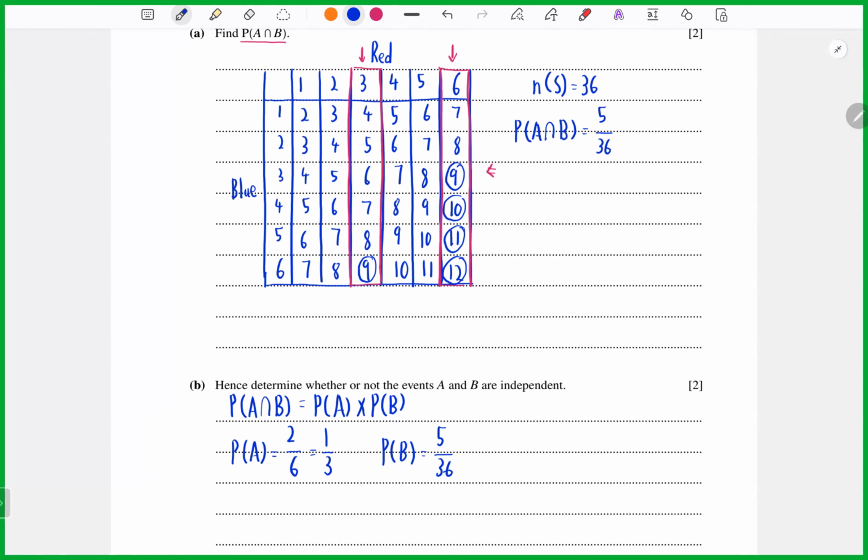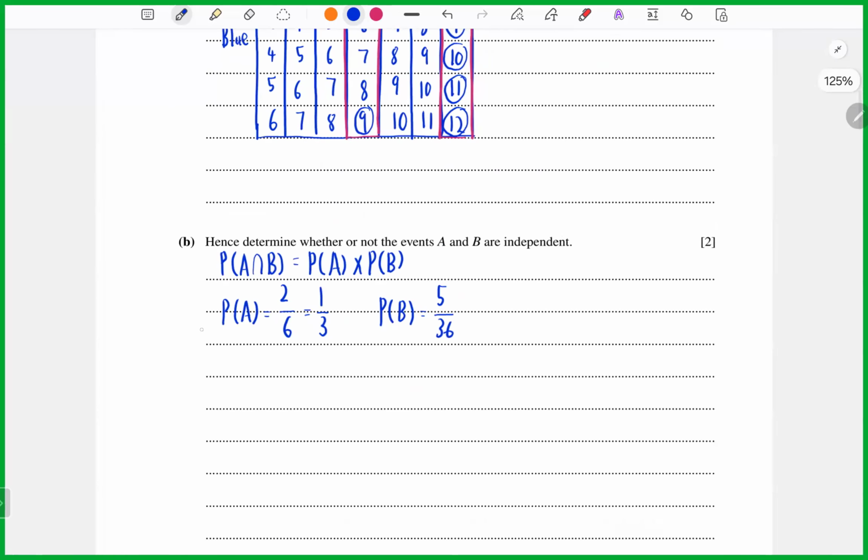So we take P(A) multiply P(B) equals 1 over 3 multiply 5 over 36 equals 5 over 108.